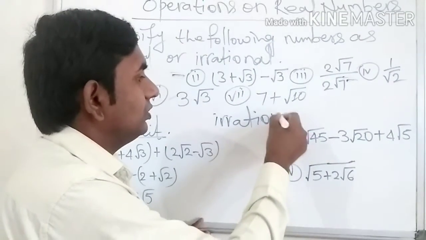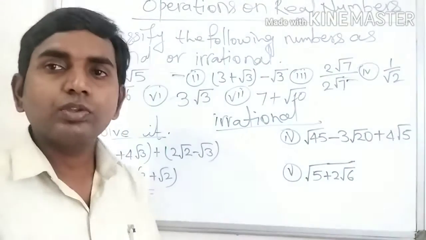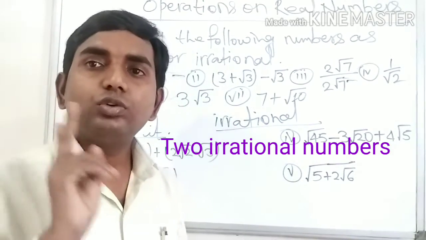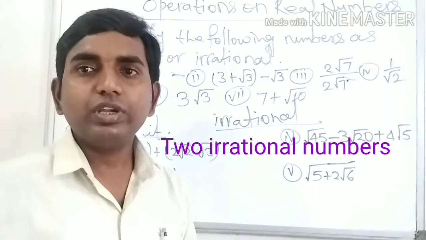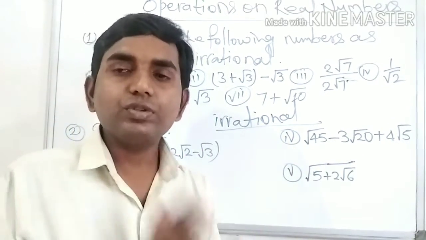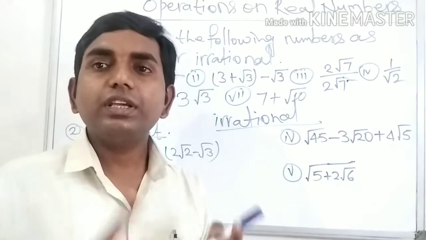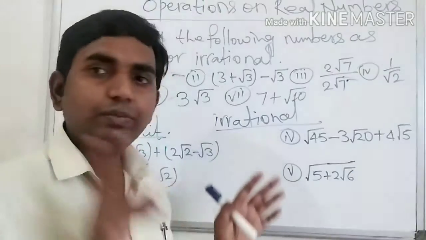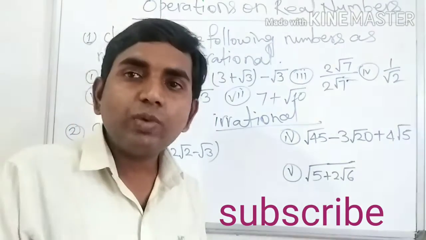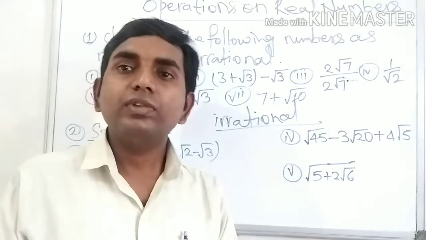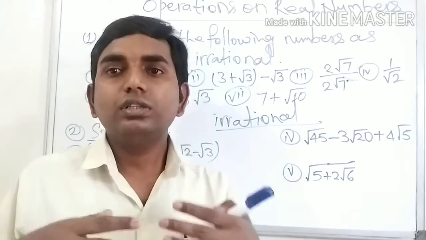So here we have to understand first about irrational numbers. If we have two irrational numbers and we want to find their sum, then it is possible that their sum is irrational or rational.